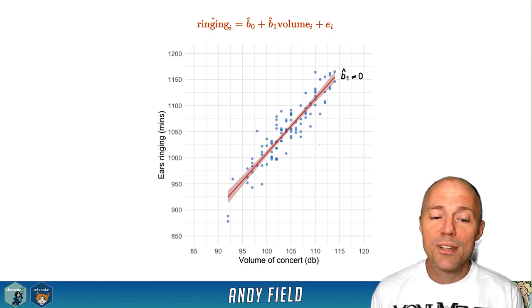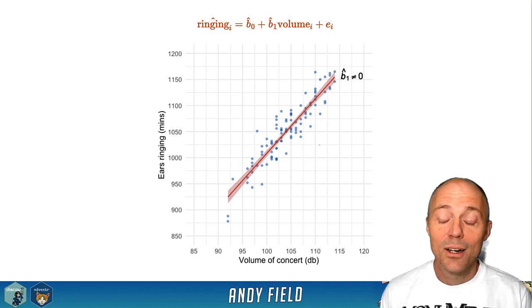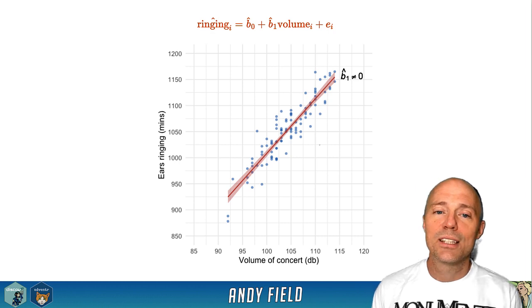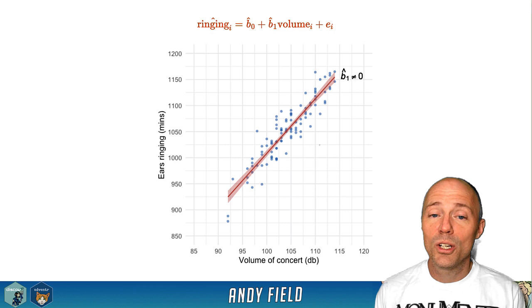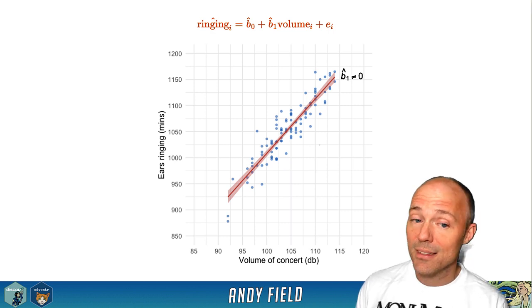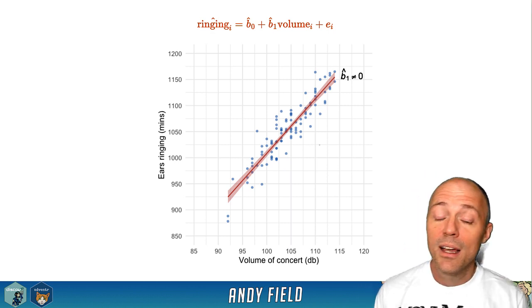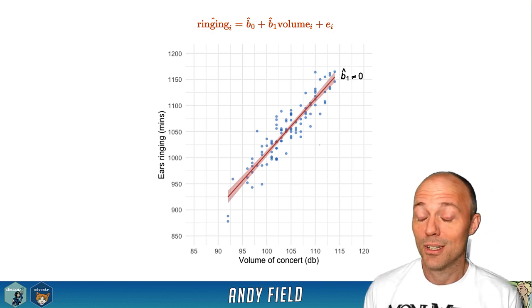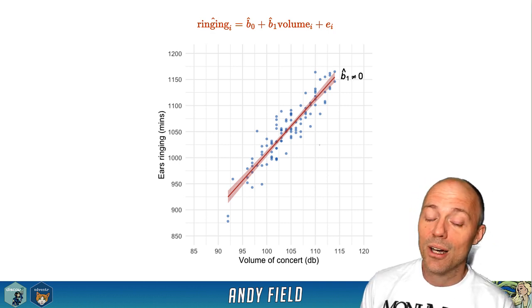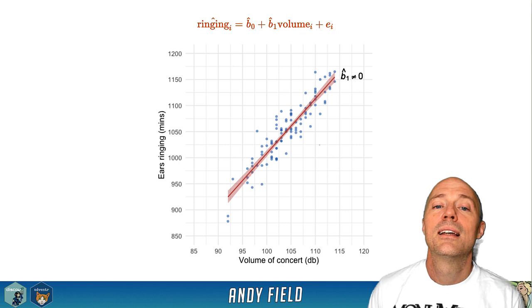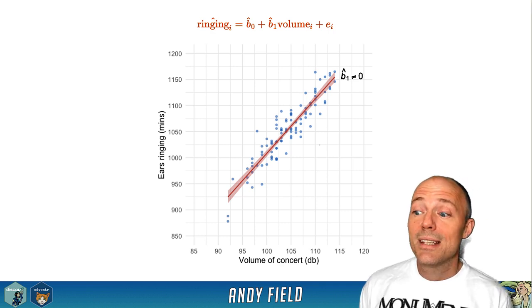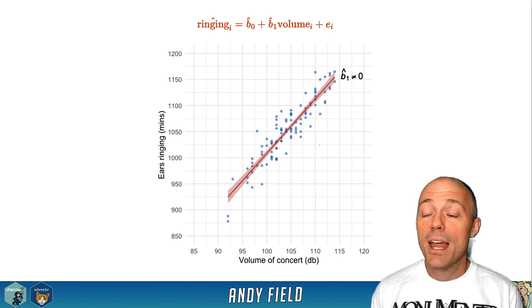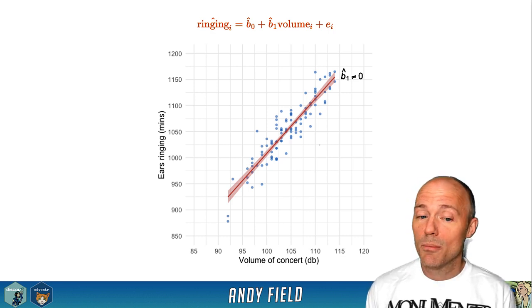If we're hypothesizing that there is an effect of the volume of the concert on how long your ears ring for, then essentially we're hypothesizing that the beta attached to volume, which bear in mind represents the slope of that red line, and which you can also think of as the rate of change of the outcome as volume increases, is not equal to 0. Then there is some kind of relationship between volume of concert and ears ringing.